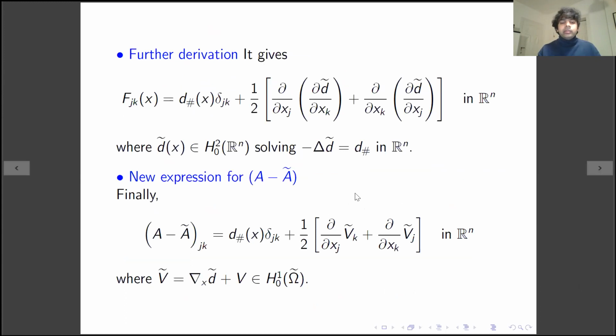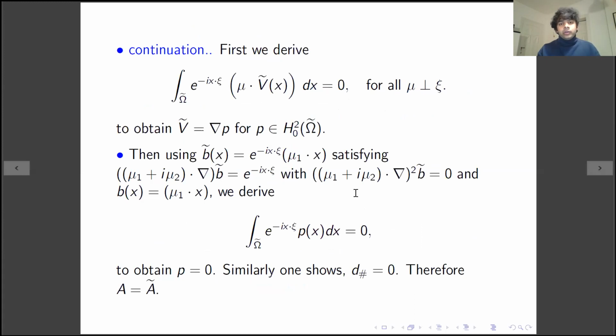This part will be there, but then you have the solution of the transport equation for the b and b tilde. That you need to use, and you do this integration by parts. After doing that, you end up with mu dot v tilde x dx equals 0, and this mu is perpendicular to all possible signs.